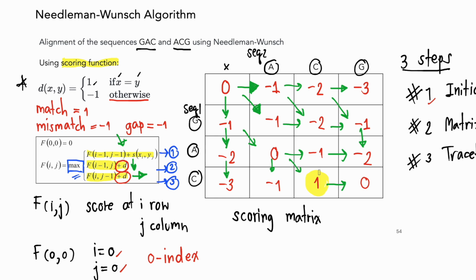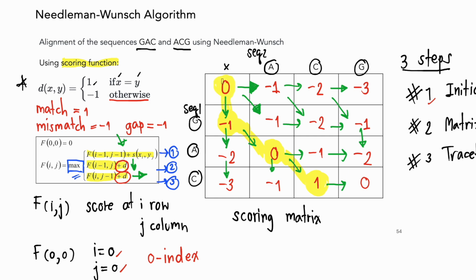From the arrow, it comes from diagonal 1. So we will highlight the diagonal arrow and the 0 cell. The 0 cell comes from the diagonal value, right, which is minus 1 score, and minus 1 score comes from the 0 value of the first cell.